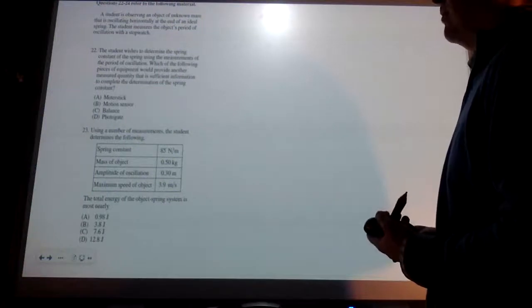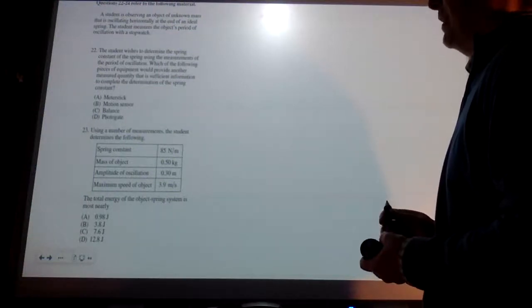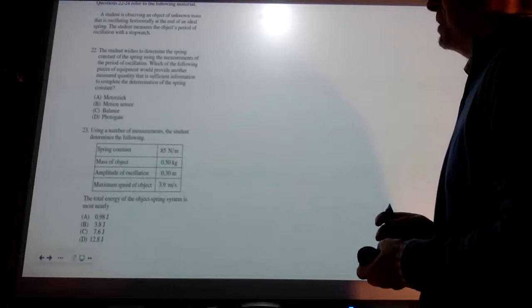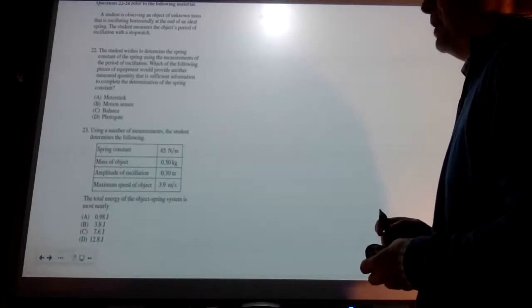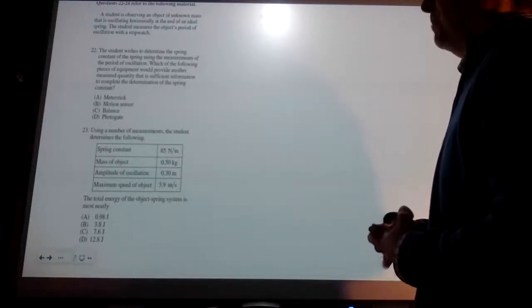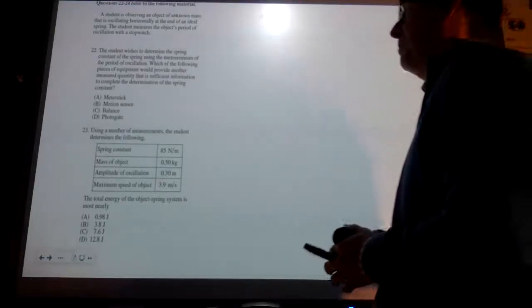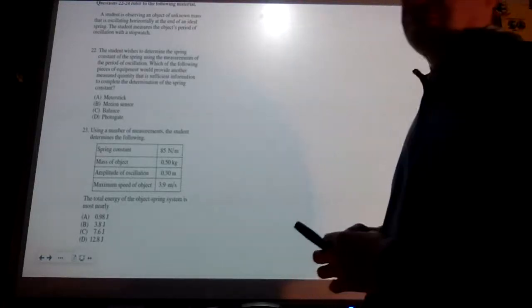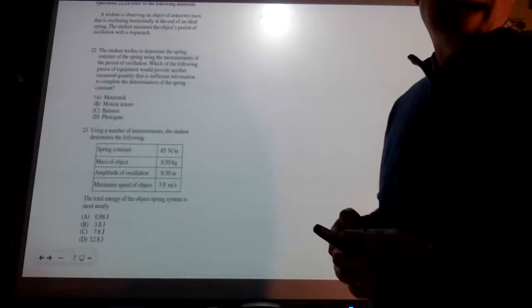A student is observing an object of unknown mass that's oscillating horizontally at the end of an ideal spring. The student measures the object's period of oscillation with a stopwatch. The student wishes to determine the spring constant of the spring using the measurements of the period of oscillation. Which of the following other pieces of equipment would provide another measured quantity that is sufficient information to complete the determination of the spring constant?